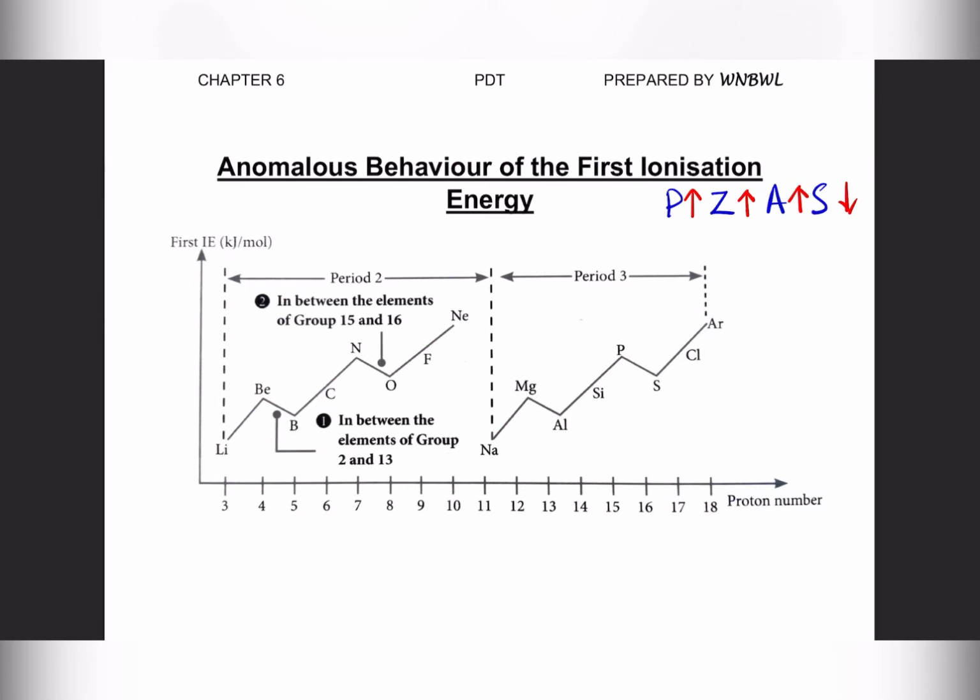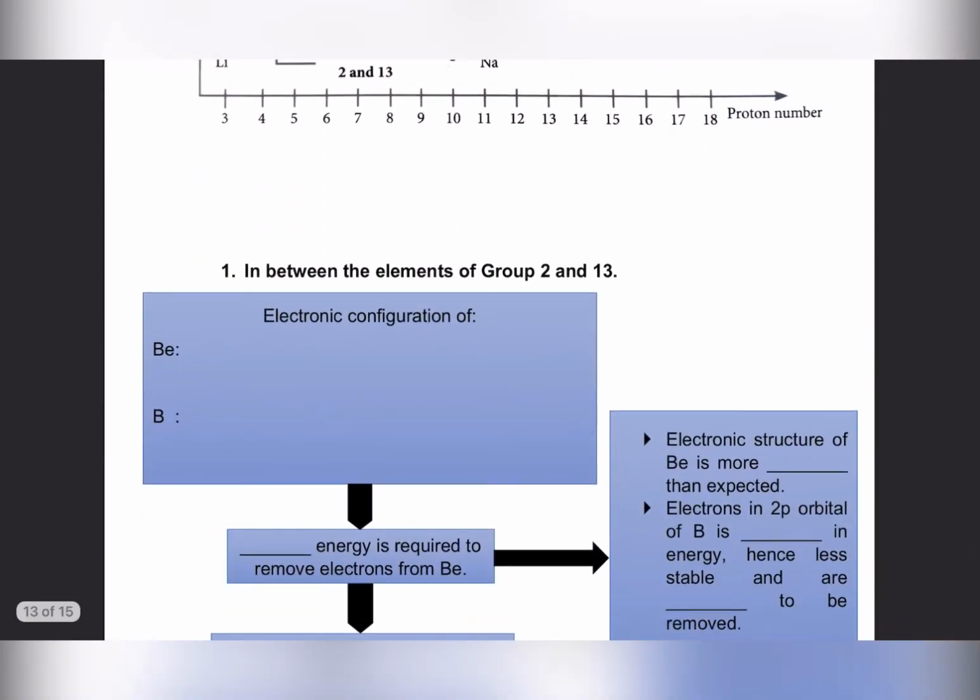So let's go with the first part, in between the elements of group 2 and group 13. So you have beryllium and also boron. What is the electronic configuration for beryllium? Beryllium is going to be 1s2, 2s2, because we have 4 as the proton number for beryllium.